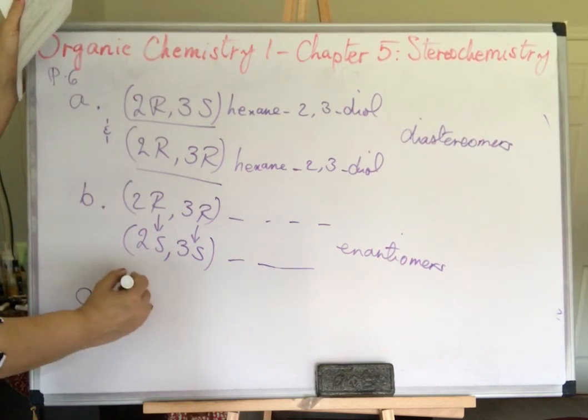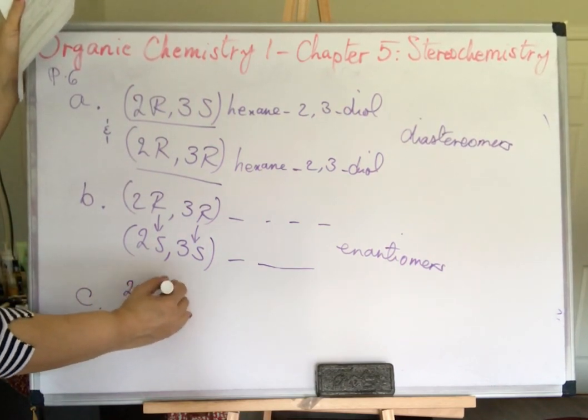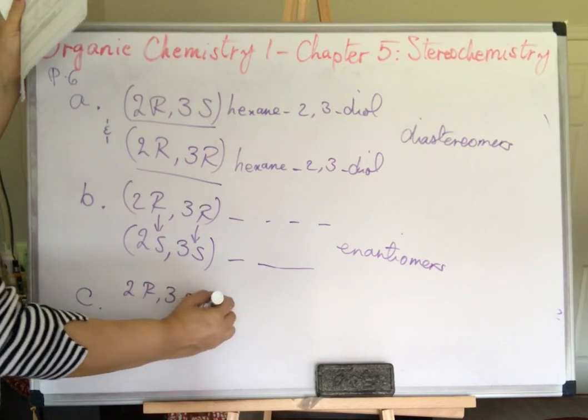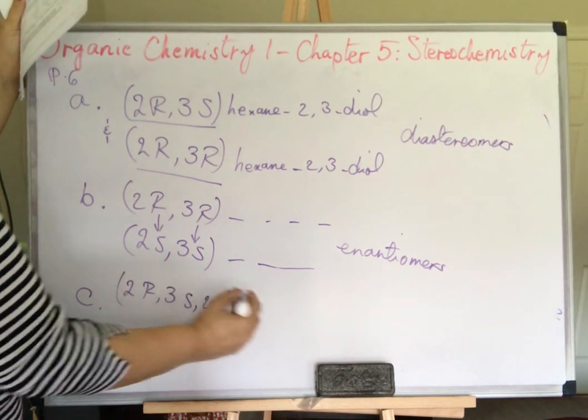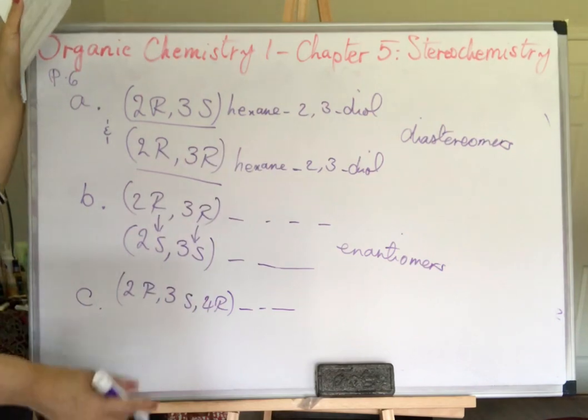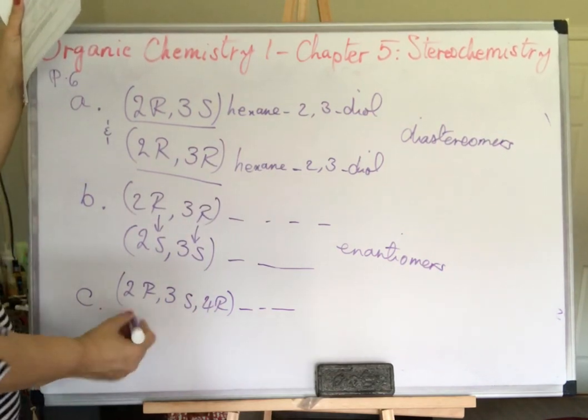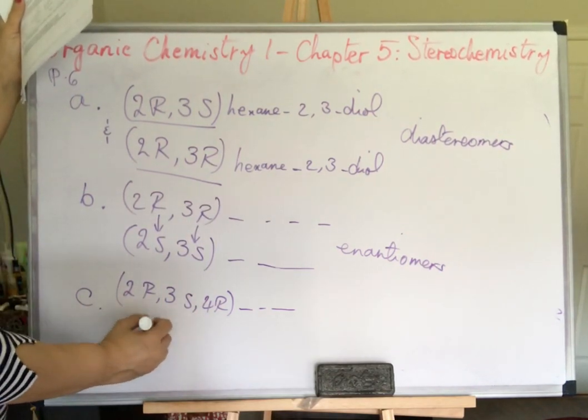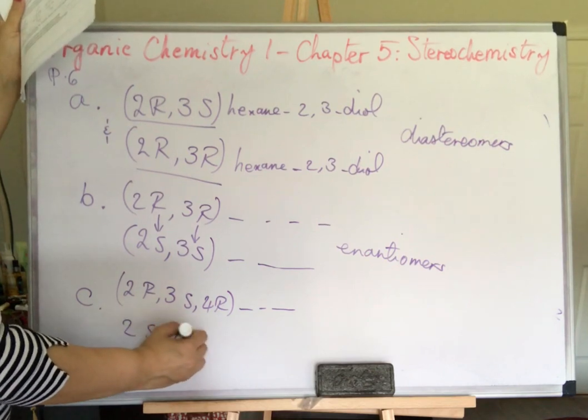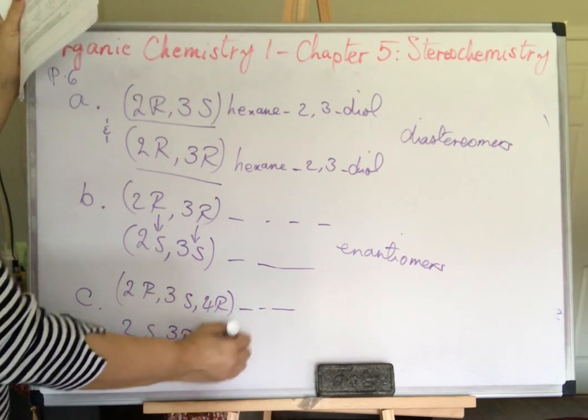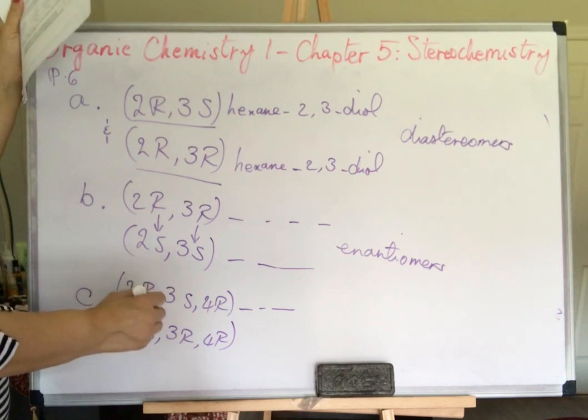Look at C, 2R, 3S, 4R. This compound has 3 stereogenic centers. And the second one is 2S, 3R, 4R. What has changed? The first one only, right?